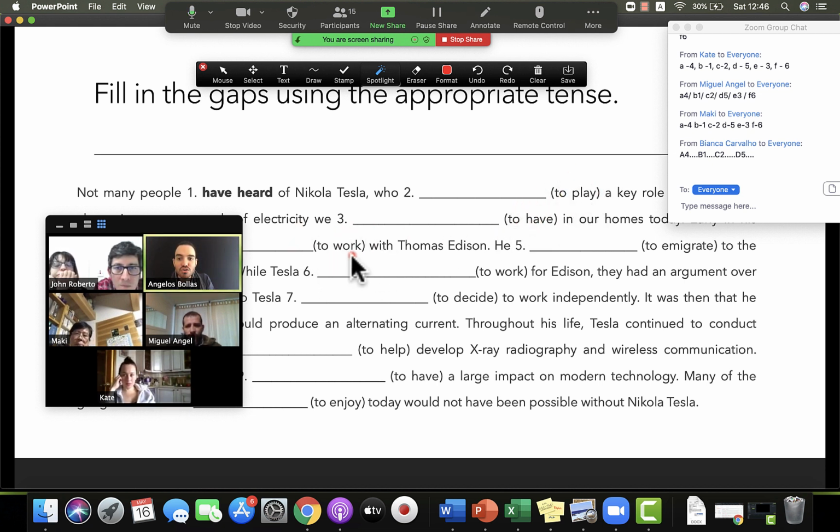What I'd like you to do for the next 4 or 5 minutes is to complete the gaps. So in your notebook again, you write number 2 and the correct answer, number 3 the correct answer, number 4 the correct answer. Okay, 4 minutes.